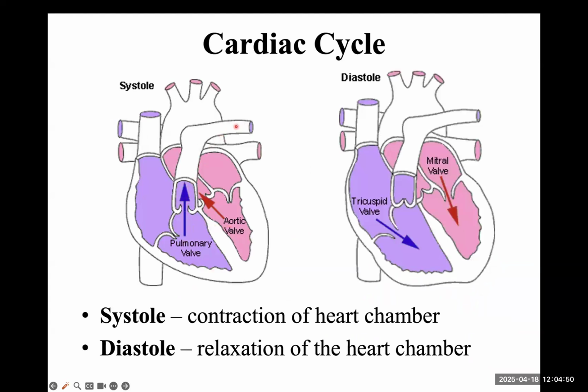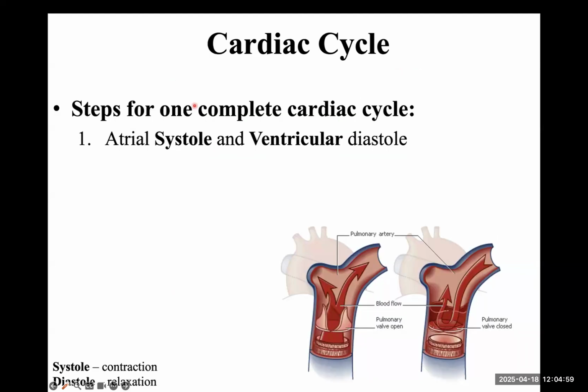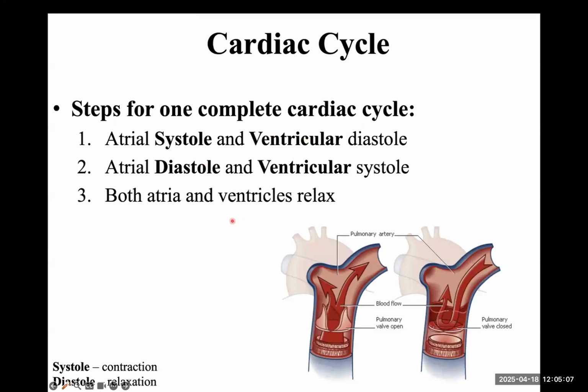This is sending it to the lungs first, and then this one sends it to the systemic circuit. Okay, so to receive that blood, what needs to happen? First, atrial systole and then ventricular diastole, then it's the reverse, atrial diastole and ventricular systole, and then both of them are relaxed. And then this is going to repeat itself until you die.